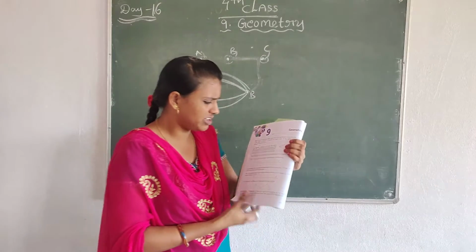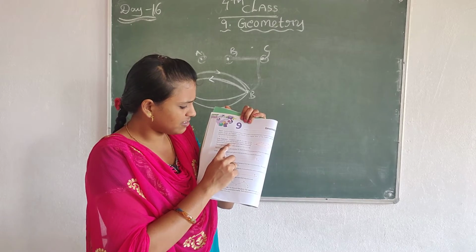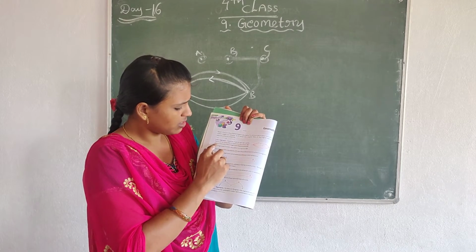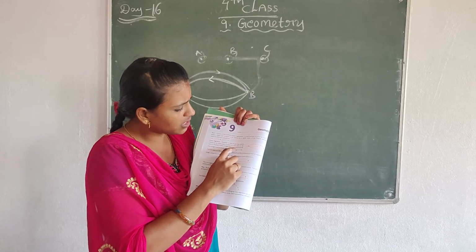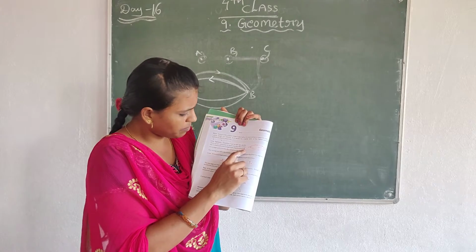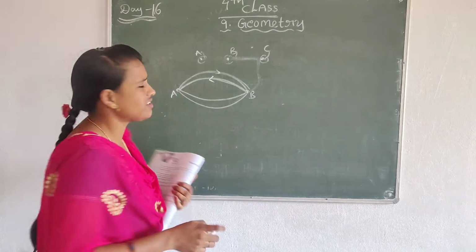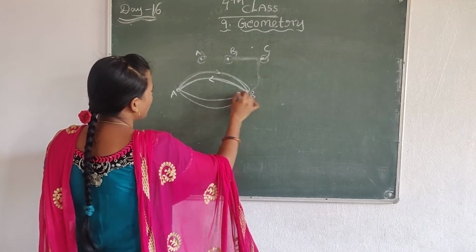However it reaches, the shortest path is the straight path. Line segment means the shortest, straight path that joins A and B. This is a long way. This is also a long way.